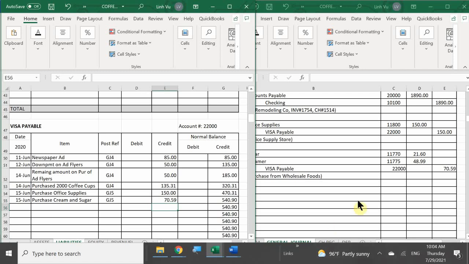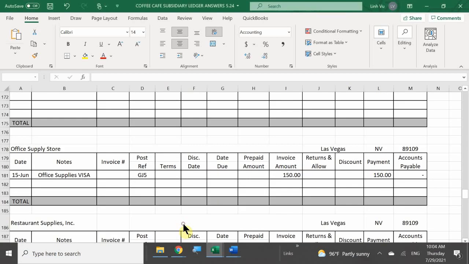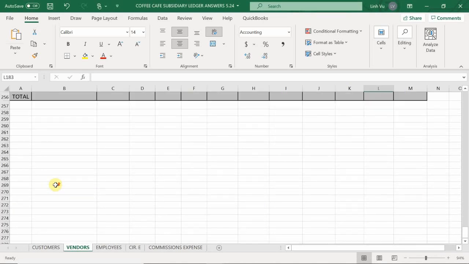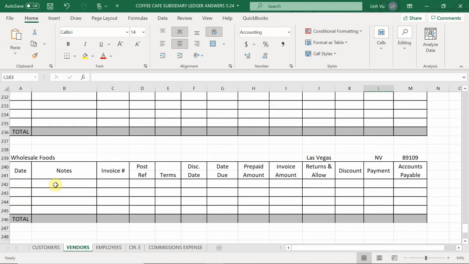Okay, we need to go to the subsidiary because where did we buy these things from? From the wholesale food store. Yes. So here should be one of the last tables in your subsidiary ledger, under vendors.